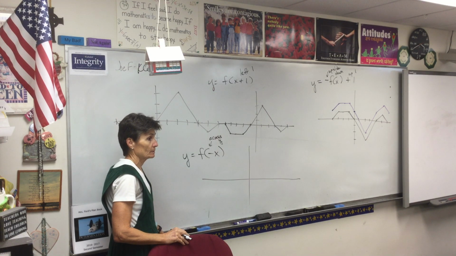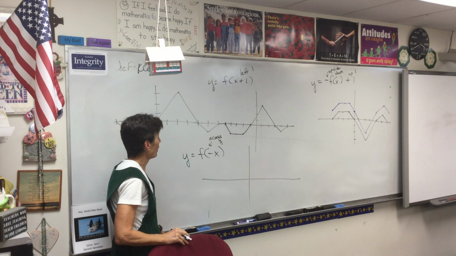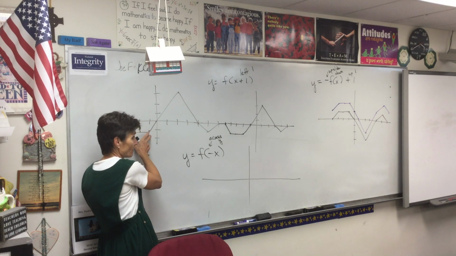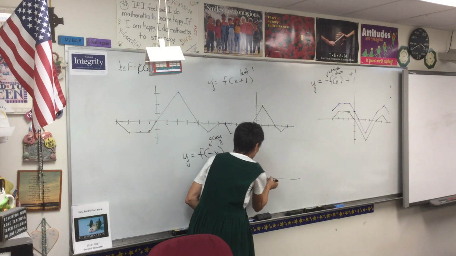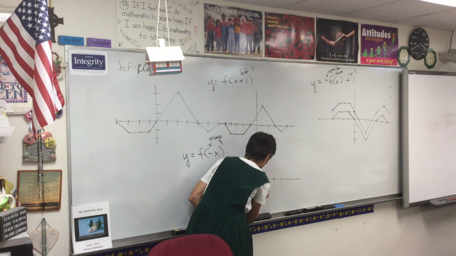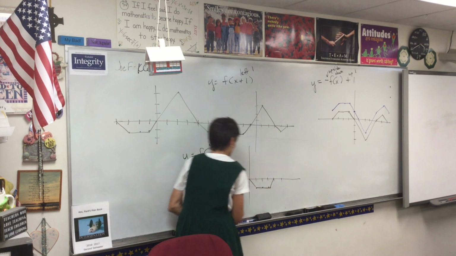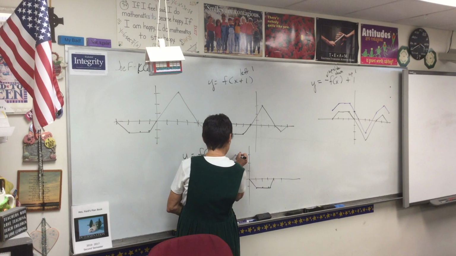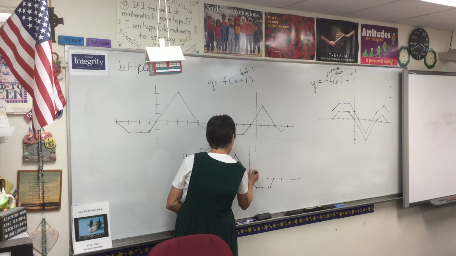Okay? So here we go. We're going to go across the Y-axis, back to the original. That means everything that was on the left is now going to get drawn on the right, and everything that was on the right is now on the left.